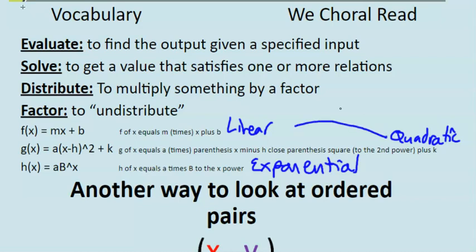Linear and quadratic are considered power functions. They have common differences. Exponential functions have common ratios.